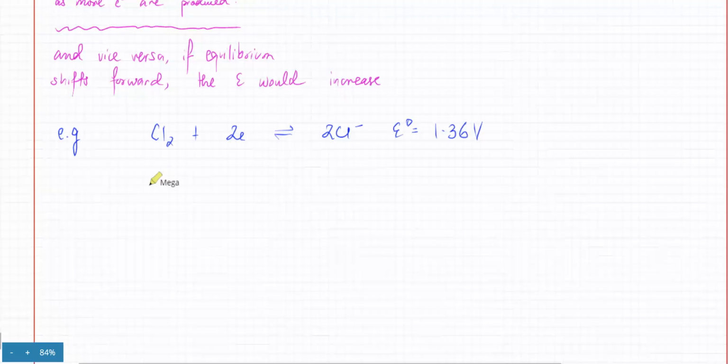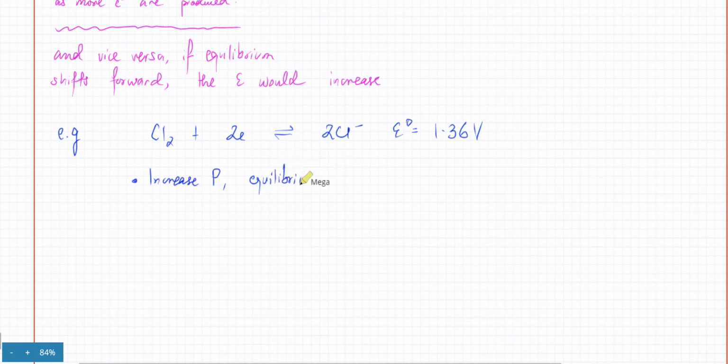So what would happen if I increase pressure? Remember, this is a change that I'm making. The standard pressure is 1 atmosphere. I've changed it to 5 atmospheres. So if I increase pressure, the equilibrium would favor the side with fewer gas moles.